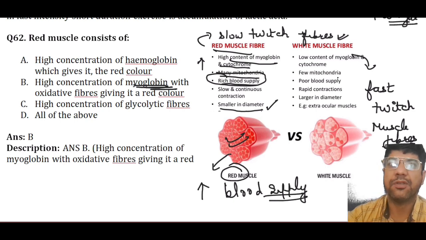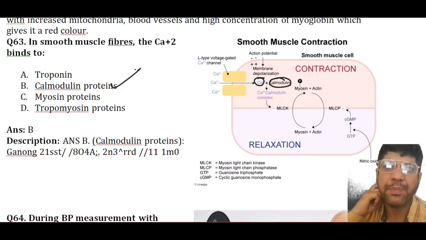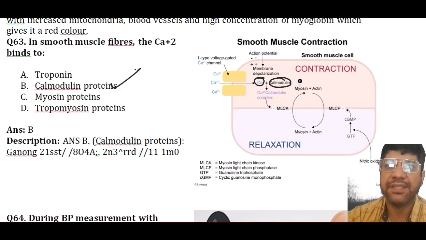Coming to the next question, in smooth muscle fiber, the calcium binds to what? Well, in the smooth muscle cells, the contractile process involves binding of the calcium to the calmodulin. So the answer is B. The first step in smooth muscle contraction is an increase in the level of calcium.